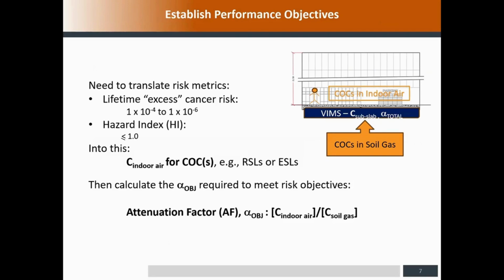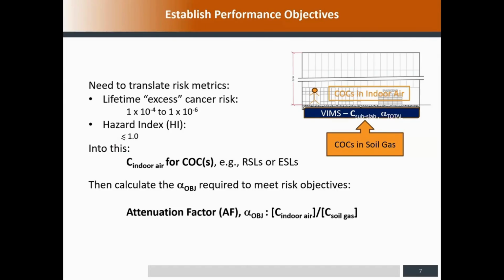And I think a lot of folks are familiar with the concept of an attenuation factor, which is simply the ratio of the concentration in indoor air to the concentration in soil gas. And a very simple graphic here.